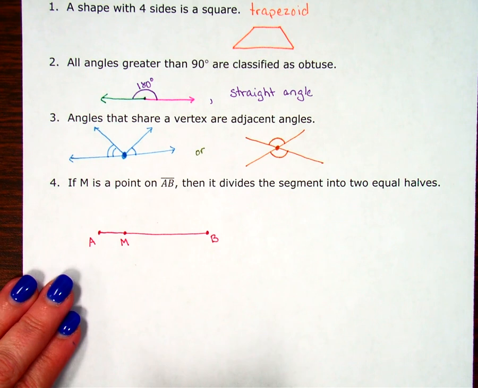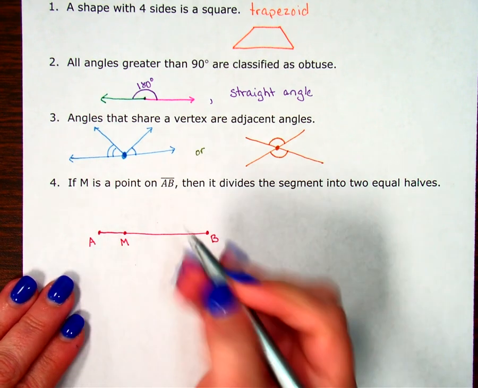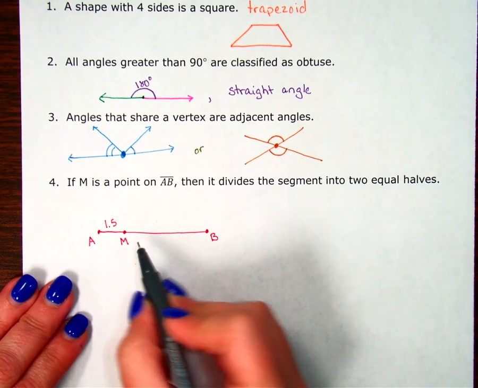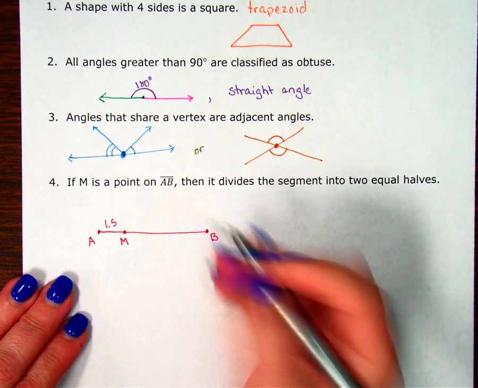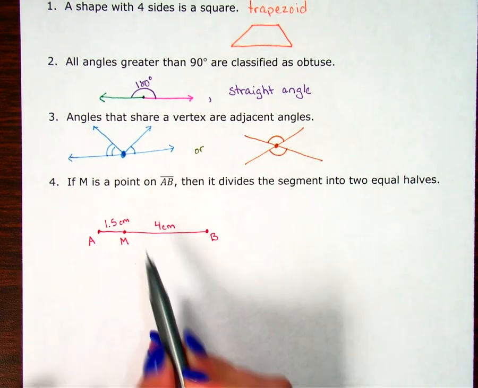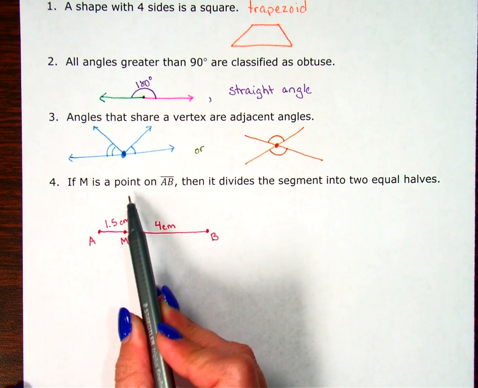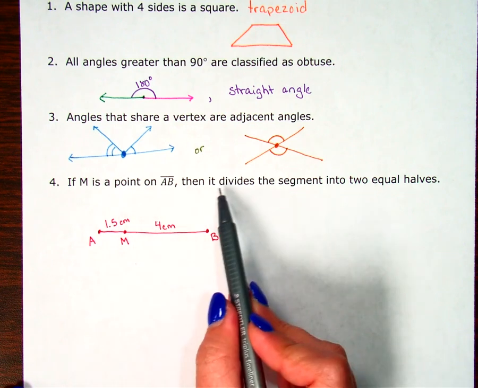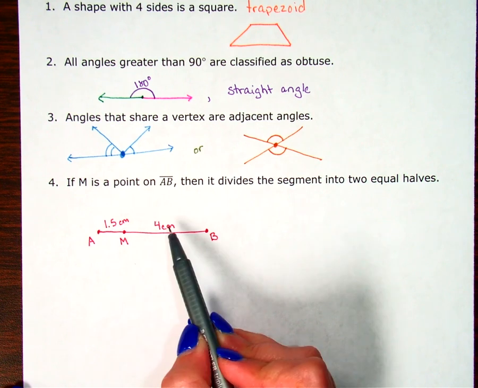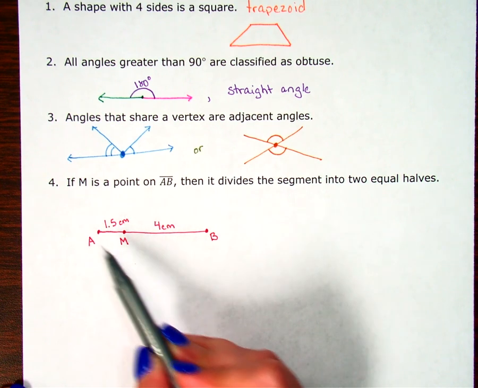And then I'm going to say that A to M is maybe 1.5 centimeters. I'm just eyeballing that. And maybe this one is 4 centimeters. So M is a point on segment AB, but it's not dividing the segment into 2 equal halves. This side is way smaller than this side. So this picture is a counterexample.